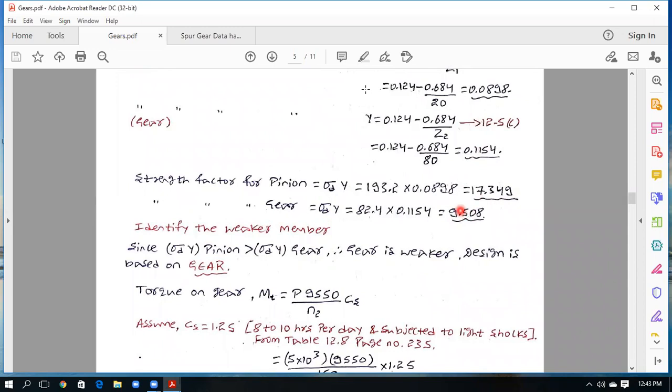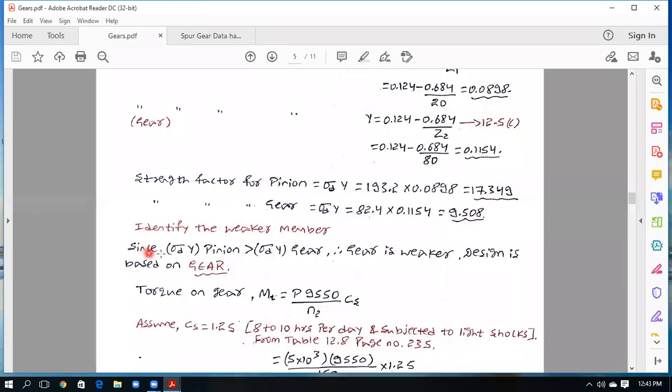Can anyone answer whether the strength factor of pinion is greater or that of gear? Which one is greater? Pinion. Yes, good. In this case pinion is greater, which means the gear strength factor is less than the pinion, so gear is weaker compared to pinion.